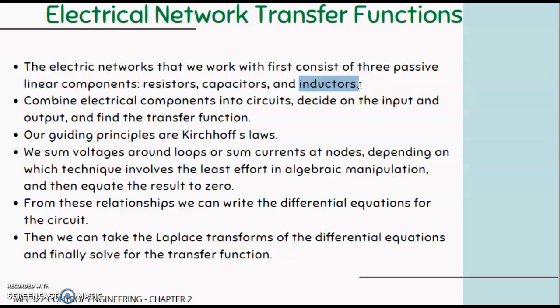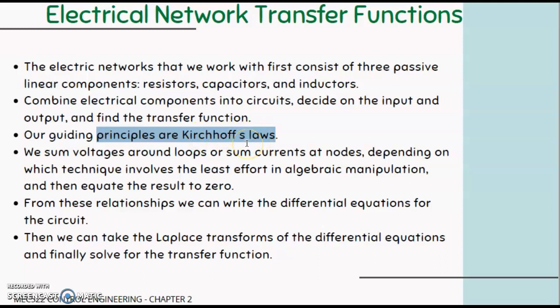For electrical, we combine all or some electrical components into a circuit, and then we decide the input and the output to find the transfer function. For mechanical we use Newton's second law, but for the electrical we use Kirchhoff's law.